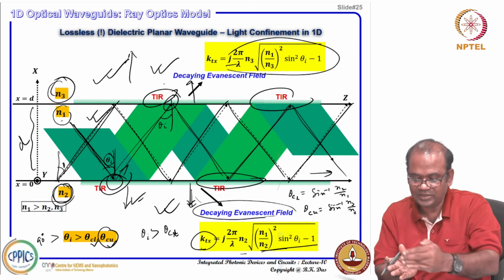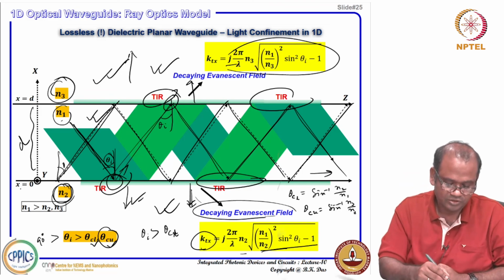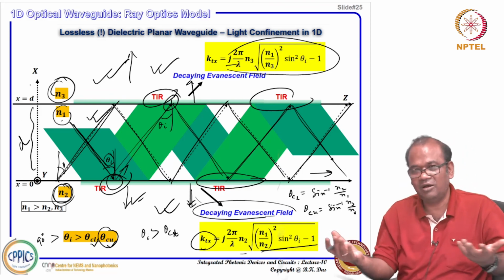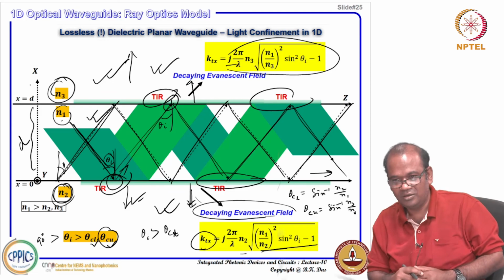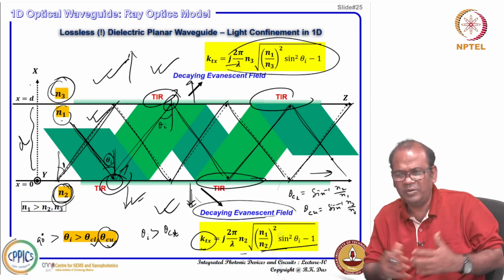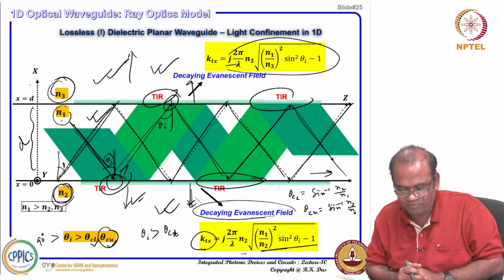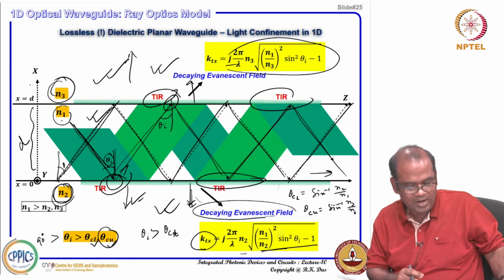But what is there inside? In the core region, which is x0 to xd, the thickness is typically on the order of lambda. If we take 1550 nanometer, as shown earlier, with theta equal to 45 degrees and typically a glass, it should be about 750 nanometer, as we discussed in the previous lecture. So, what happens in the middle?